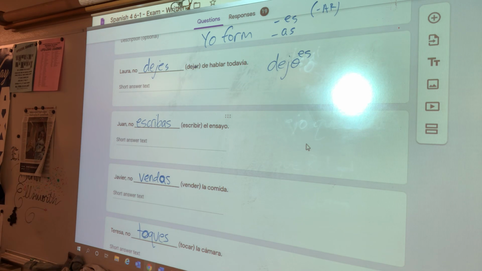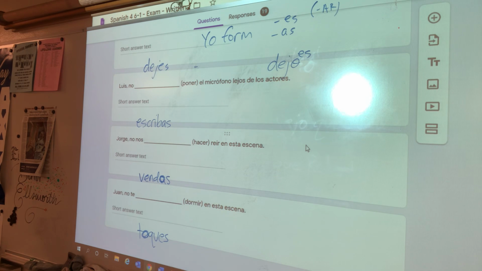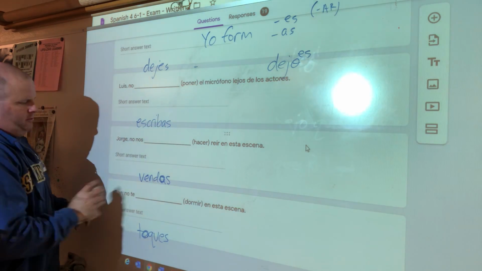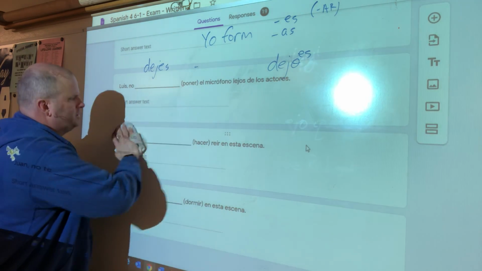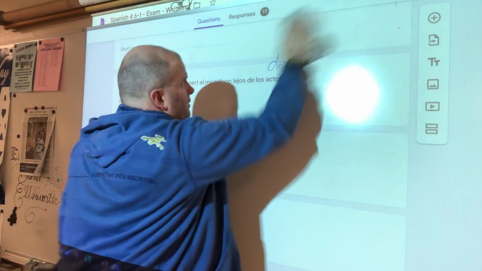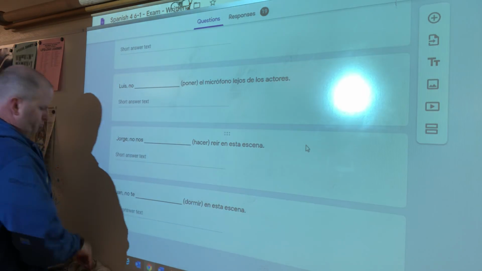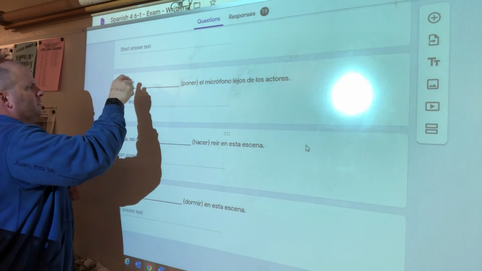All right, let's go down to the bottom one. I know some of these get a little weird because these are verbs that are normally irregular in a lot of the other forms, but we still just follow the rules for this one. So poner is pongo.